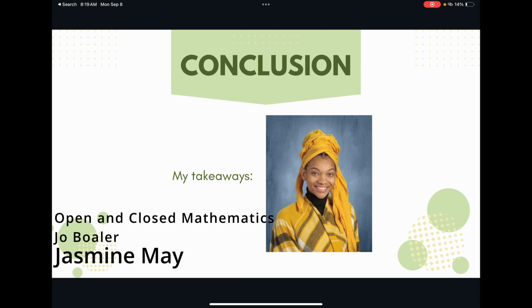So if I have a quadratic expression and I want to find the roots, I would like to have the quadratic formula at hand so I could just plug and chug, or things of that nature. So I think there needs to be a balance between open and closed instruction, but more so on the open-ended side. So I would give it like a 70-30.